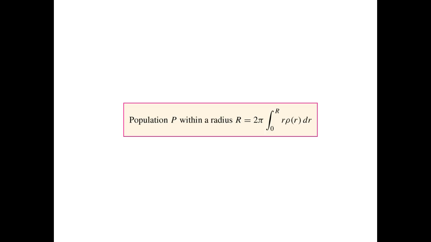Because 2 pi r dr would be an area, and this would be population density per unit area. So again, you would have to be given that in population density per unit area, and then the little r goes from 0 to capital R. That's your integration. Does that make sense?